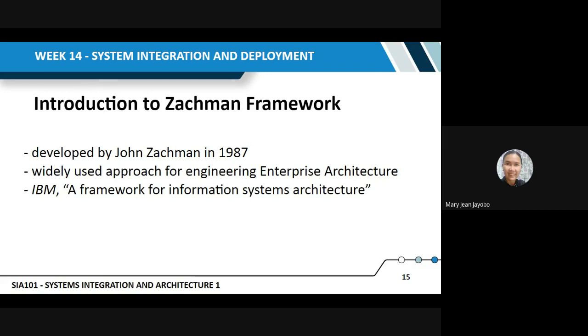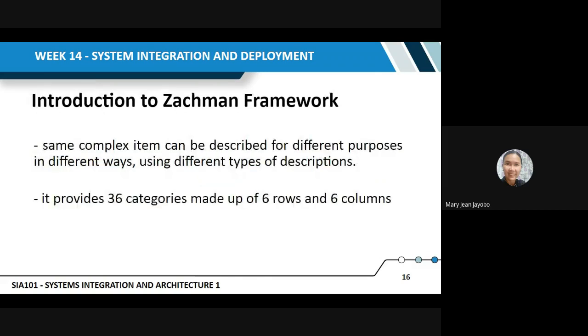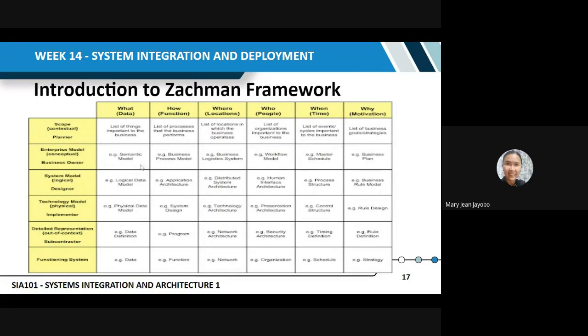No, and let's see. This is the Zachman framework, but I don't want to share this to you kasi medyo malabo. So I'm going to share from the net, no, kung para makita ninyo maigi yung Zachman framework. Okay? Wait lang. I'll share.